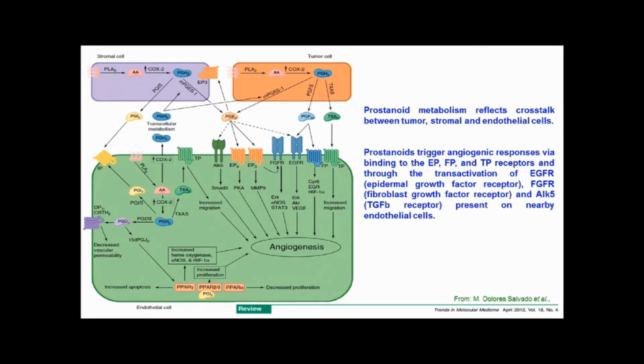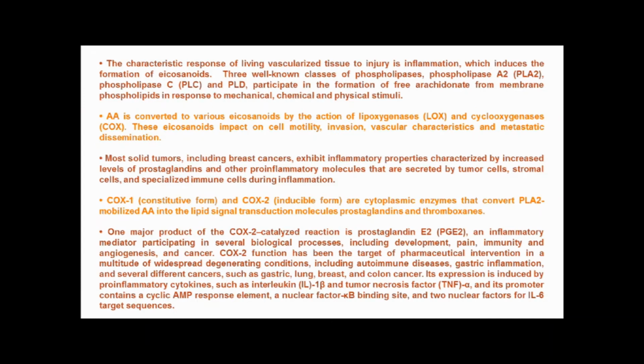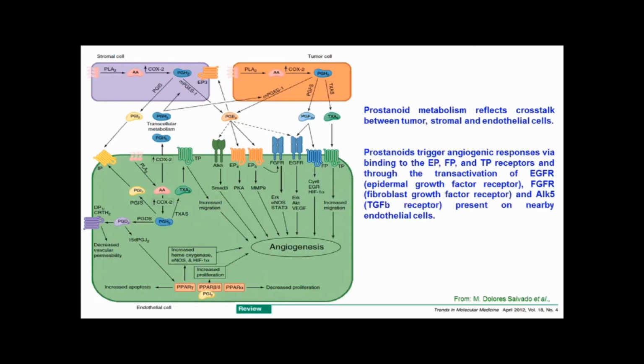Of course, in tumors, when you have these prostanoids being formed, it also mediates a crosstalk between the tumor cells, the stromal cells, and the endothelial cells. And again, the prostanoids, primarily through the cyclooxygenase reaction and the formation of PGE2, then result in modifying angiogenesis or resulting in increased migration.